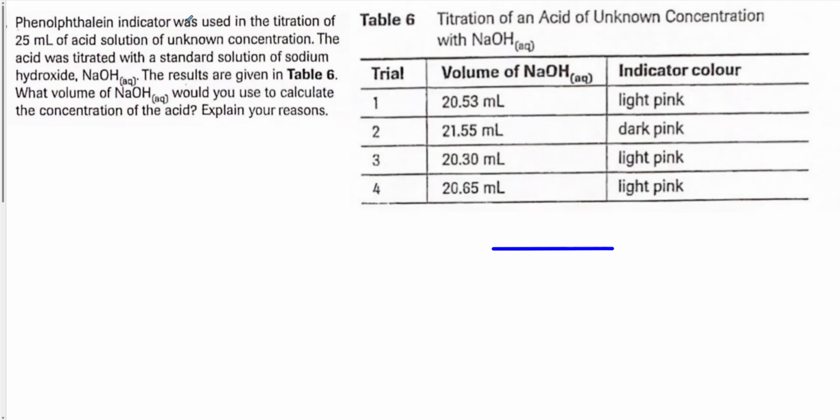Phenolphthalein indicator was used in the titration of 25 mL of acid solution of unknown concentration. The acid was treated with standard solution of sodium hydroxide. The results are given in table 6. What volume of sodium hydroxide would you use to calculate the concentration of acid? Explain your reasoning.